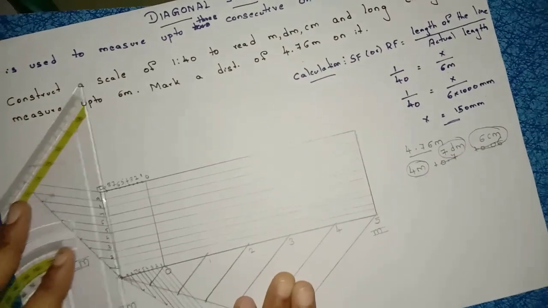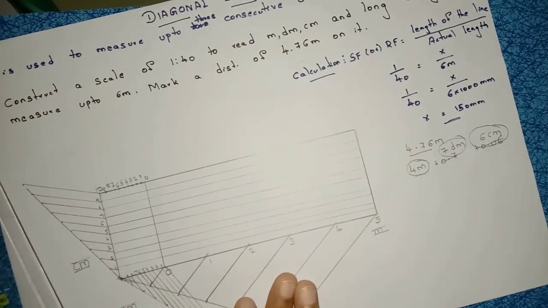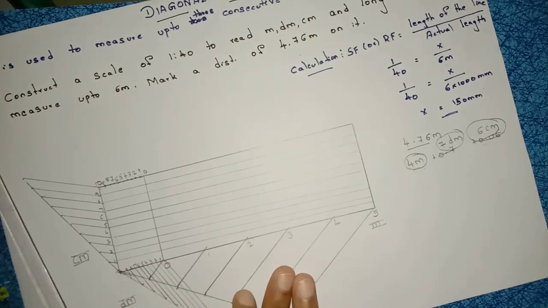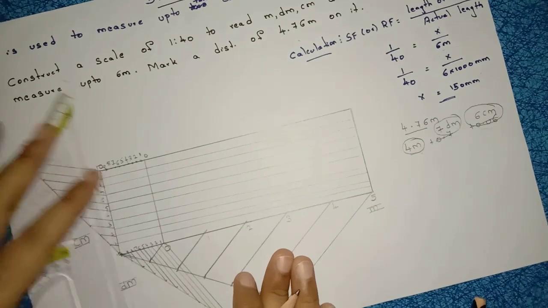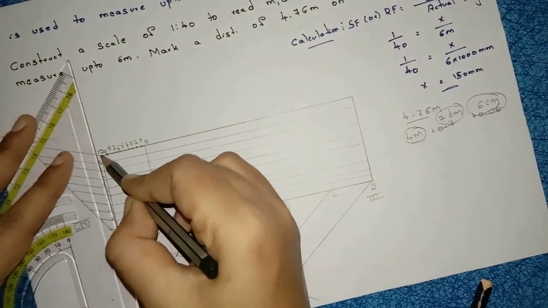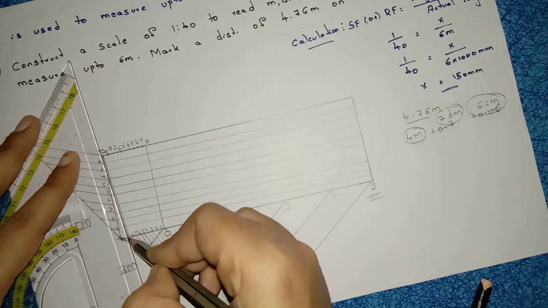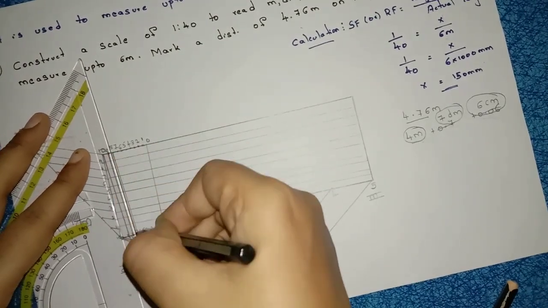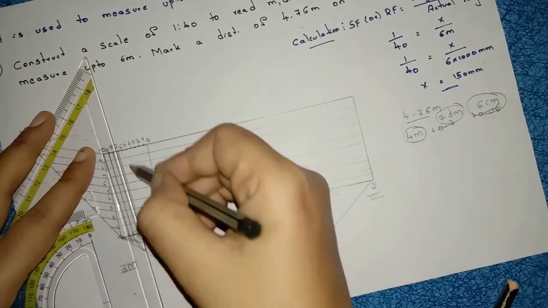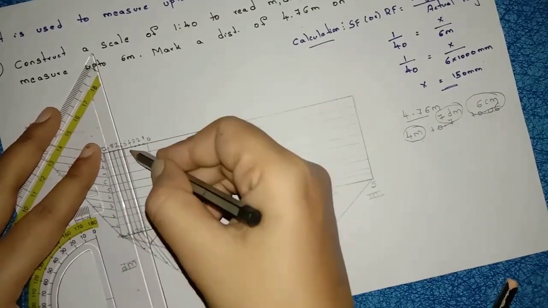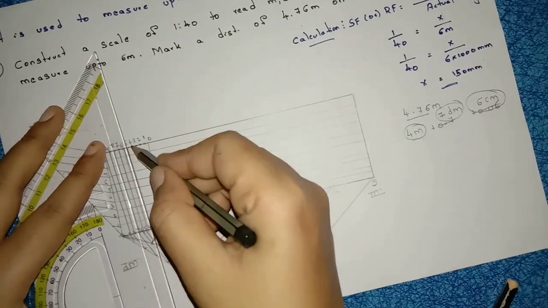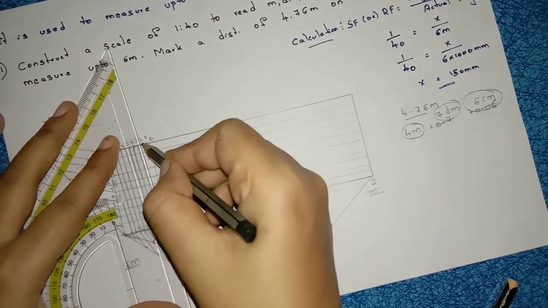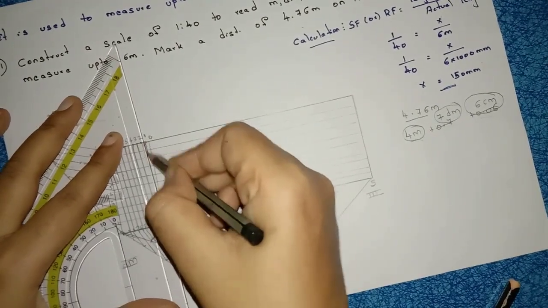Now you see, this is the diagonal scales. You have to draw the lines in diagonal manner. You have to draw the lines in inclination manner. Right? See from 10th point, join this 10 to 9, 9 to 8, 8 to 7, 7 to 6, 6 to 5, 5 to 4, 4 to 3, 3 to 2, 2 to 1, 1 to 0.